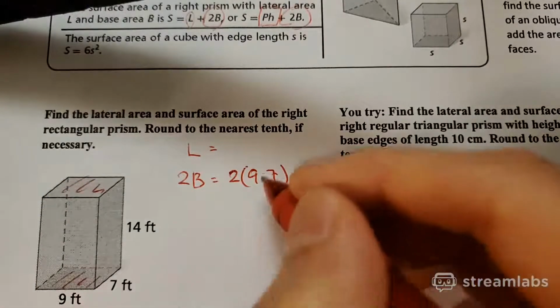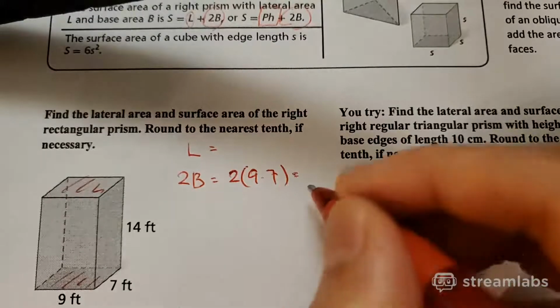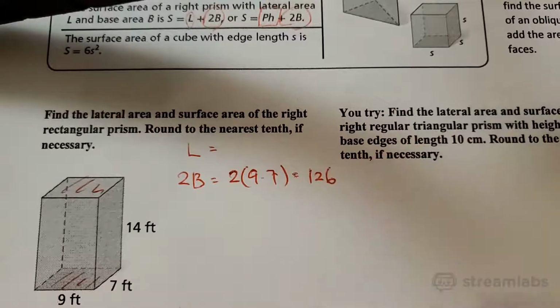So 2 times 9 times 7, which is 2 times 63. I think it's 126. That's the base area. Your lateral area, what you could do is literally just do 9 times 14, 7 times 14, 9 times 14, 7 times 14, and then add them all up.